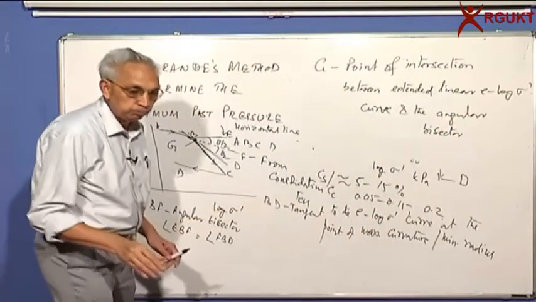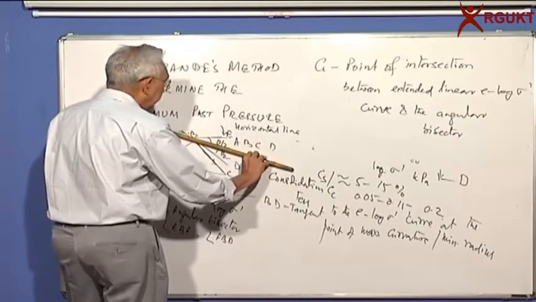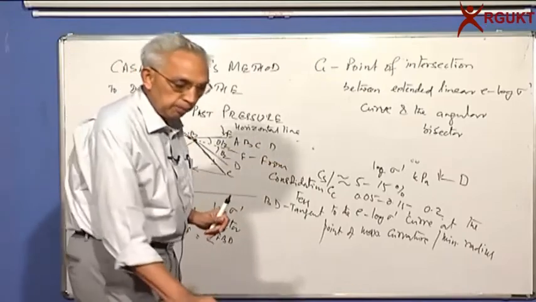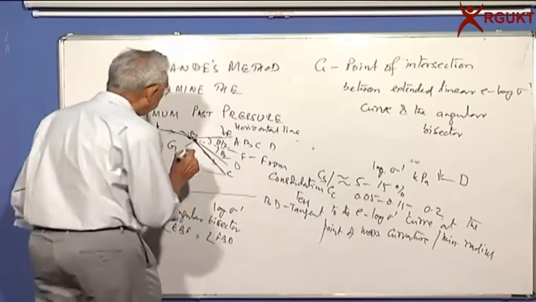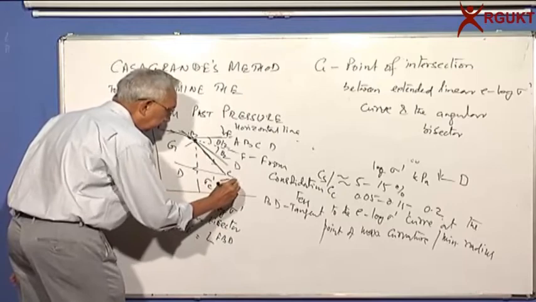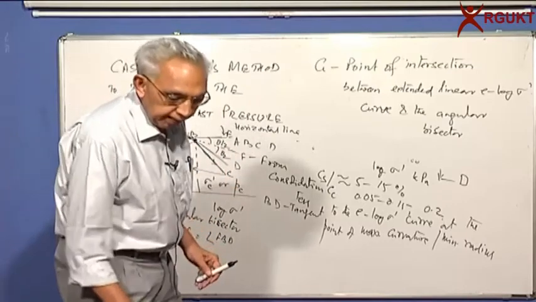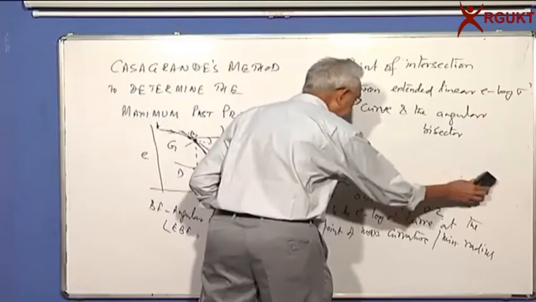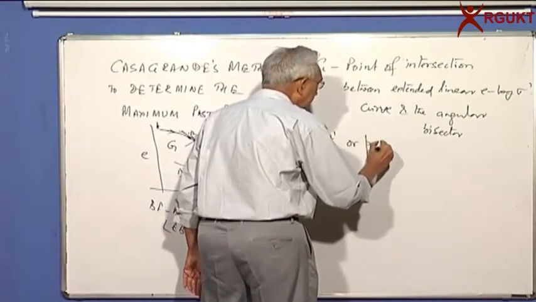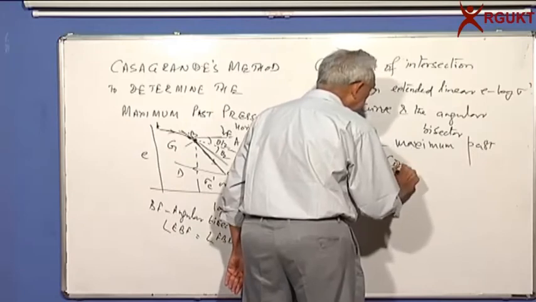That point is called the point of maximum past pressure. I simply drop a line and I get what is called sigma dash C, or many times in the books they call it PC. It is called the maximum past consolidation stress.